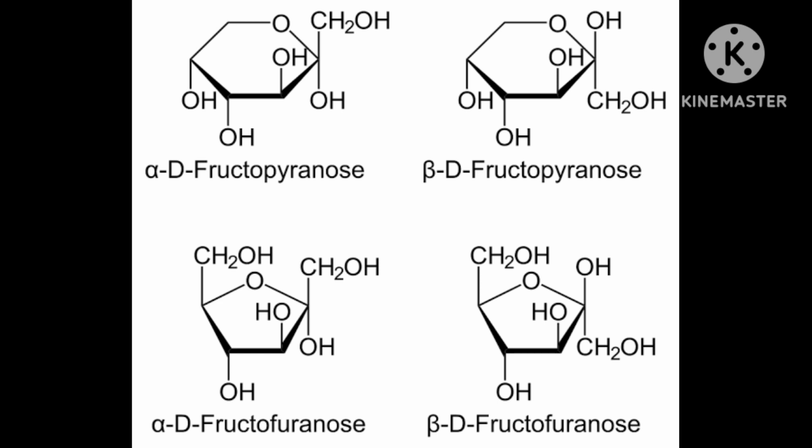Third carbon, you remember where the OH is. On the third carbon, OH is upside, means inside the ring, H is outside. The fourth is again opposite of this, OH is outside, and at carbon number 5, CH2OH is outside.